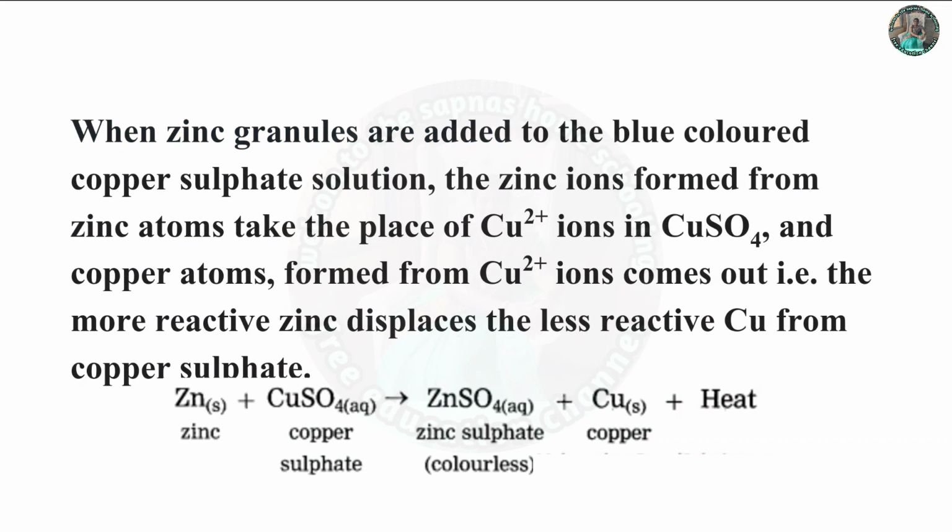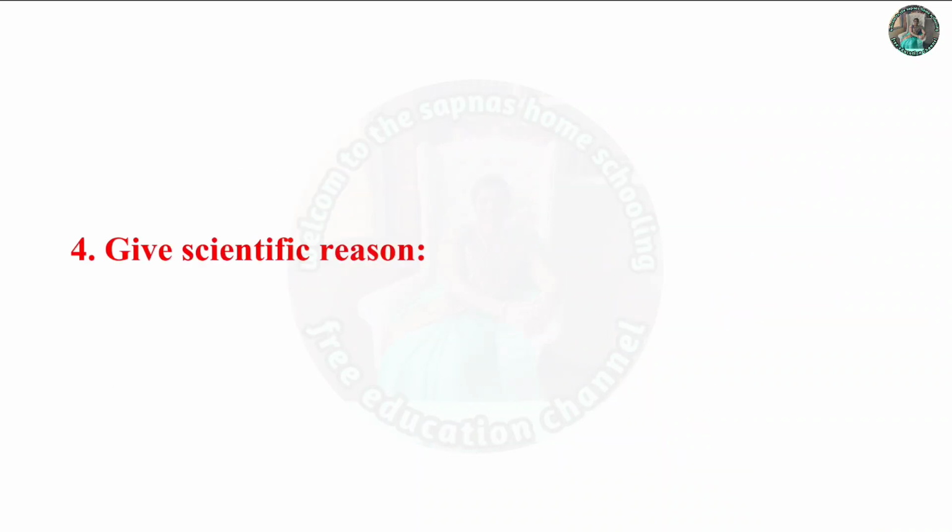When zinc granules are added to the blue-colored copper sulphate solution, the zinc ions formed from zinc atoms take the place of Cu2+ ions in CuSO4 and copper atoms formed from Cu2+ ions come out. Example, the more reactive zinc displaces the less reactive copper from copper sulphate. Means zinc plus copper sulphate is equal to zinc sulphate plus copper plus heat.